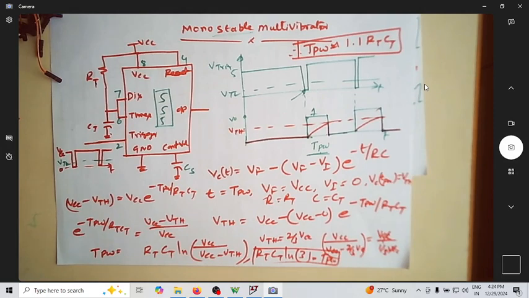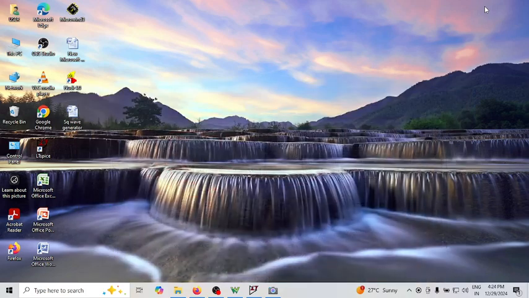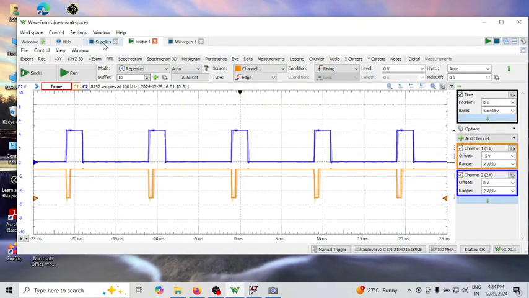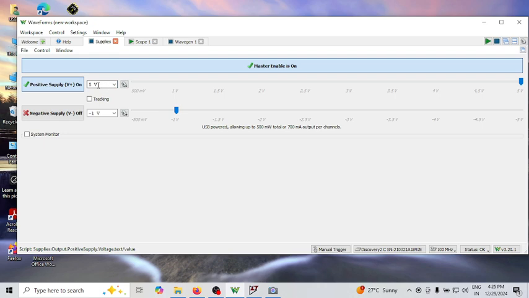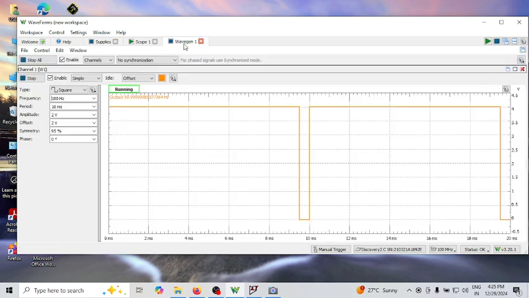Now let us try to demonstrate this. I have the same circuit rigged up using Analog Discovery. Let me show you the setup I have. I'm already getting the output. This is my supply voltage of 5 volts, and you can see I have a trigger signal of 100 Hertz with 95% duty cycle.